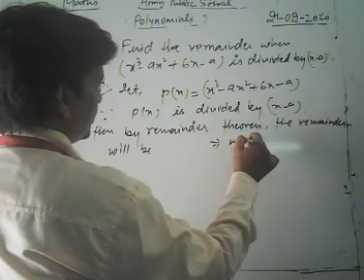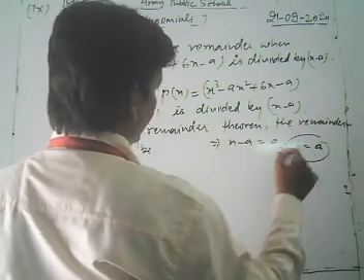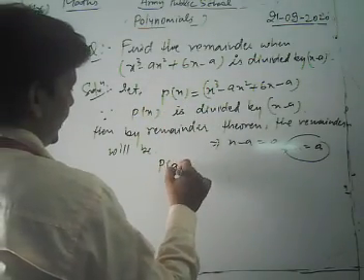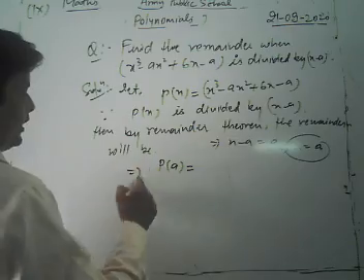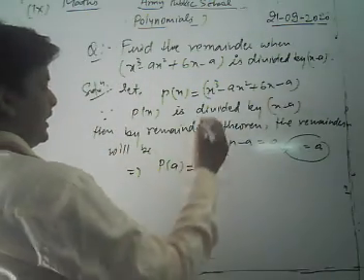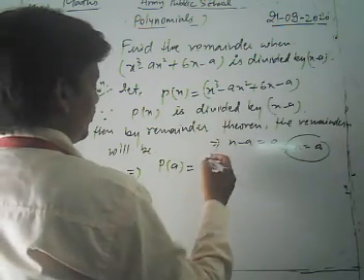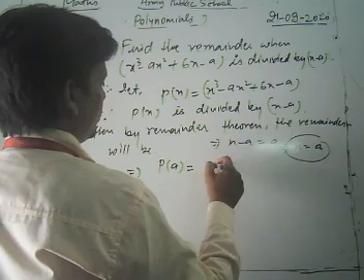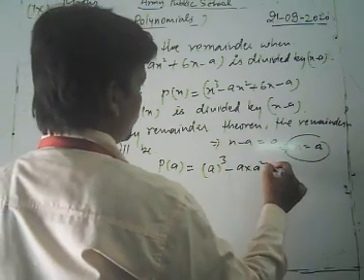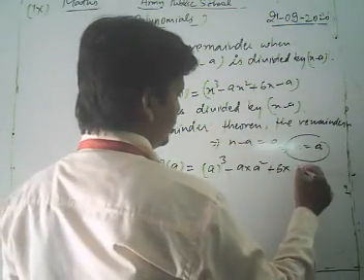We take x minus a equal to 0, so we get x equal to a. Now we replace x by a, then the remainder will be p(a). So p(a), the remainder, is a cube minus a into a square plus 6 into a minus a.